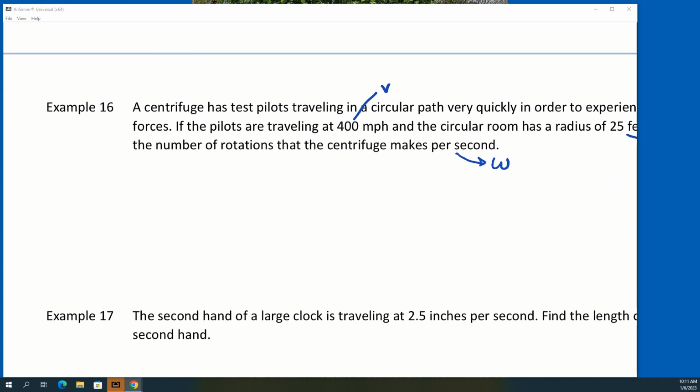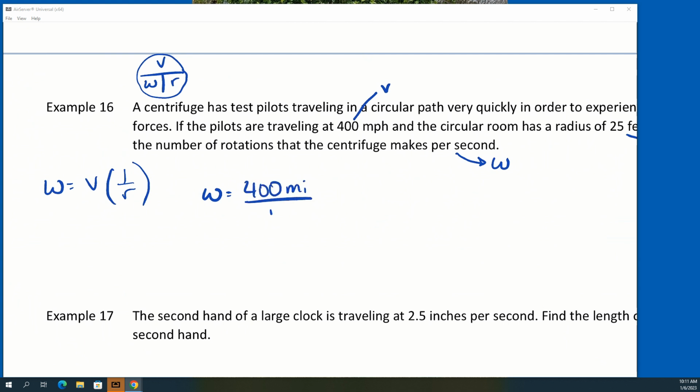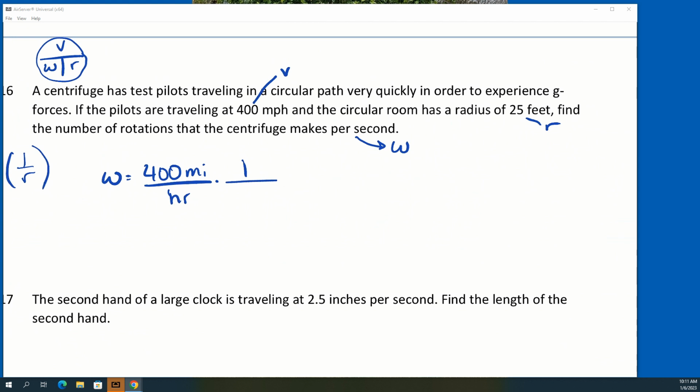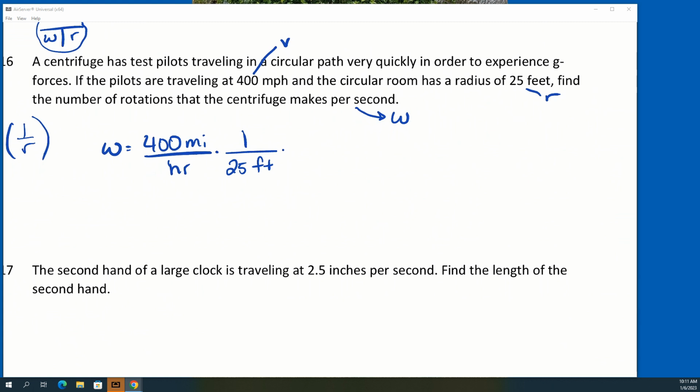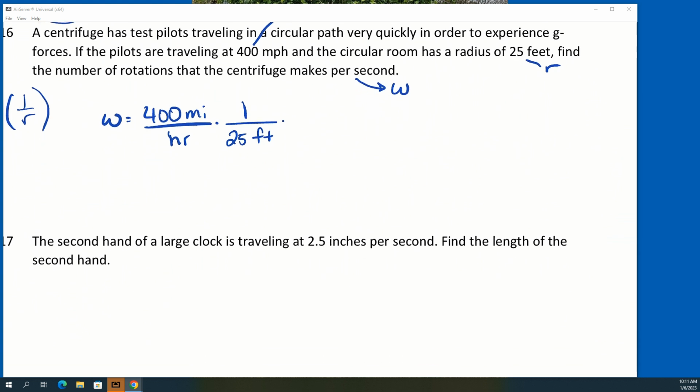All right. When we are finding omega, we're going to take V and we're going to multiply it by the reciprocal of R. And then we want to end up with rotations or revolutions per second.